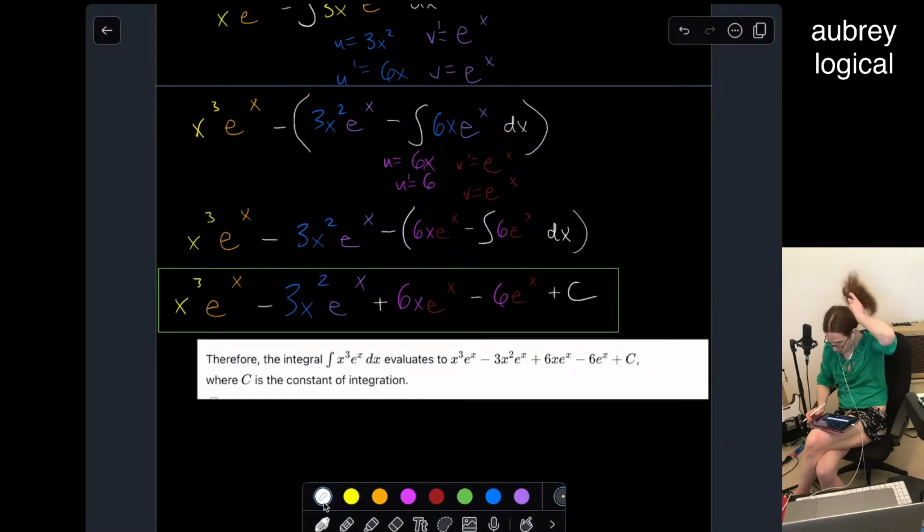There's not... Unless... Oh, because we had to do integration by parts twice, maybe? So that there should be 2? But shouldn't that change the sign of this one too? Interesting.